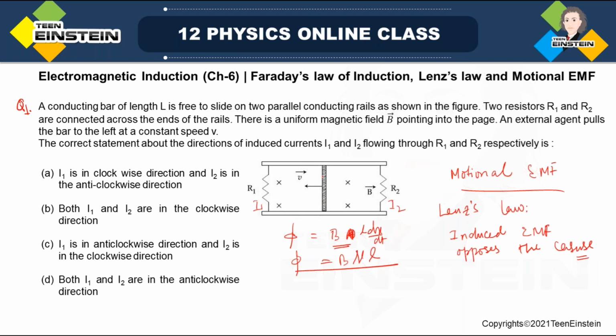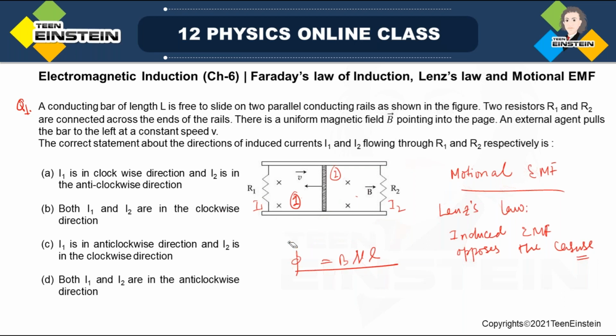Suppose this is one portion, region 1, and this is region 2. When the bar was at the middle in the beginning, the area on both sides was equal.